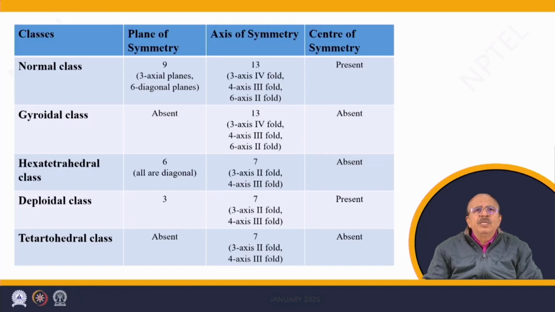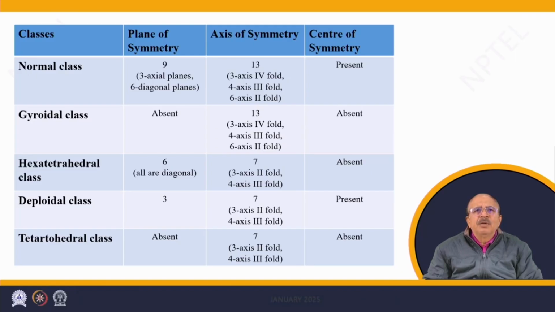The details of these classes you can see in this table, in which the planes of symmetry, the axes of symmetry and the center of symmetry have been mentioned. For the normal class the planes of symmetry are 9, axes of symmetry 13 and the center of symmetry is present. Gyroidal class, the planes of symmetry absent, axes of symmetry 13 and the center of symmetry absent.